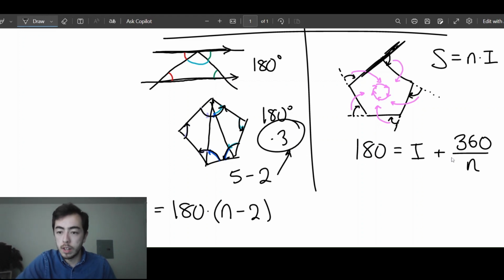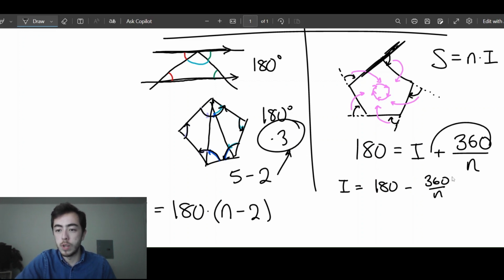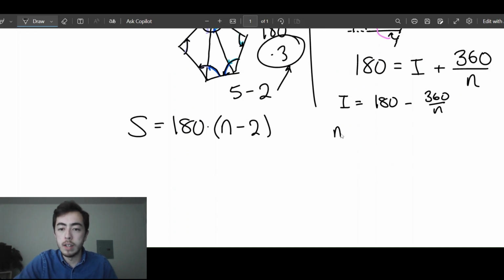Shouldn't be too hard. I'll just subtract this fraction to the left, and I'll rearrange my equation so that I is on the left side. I'm going to get I is equal to 180 minus 360 over n. That was just me subtracting this fraction over to the left side. And in particular, I do want n times I. So I'm going to multiply both sides of this equation by n.